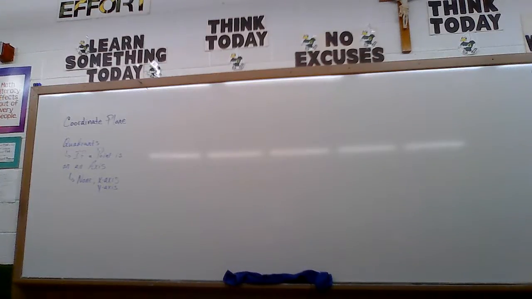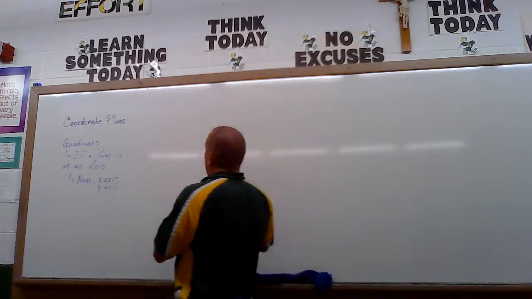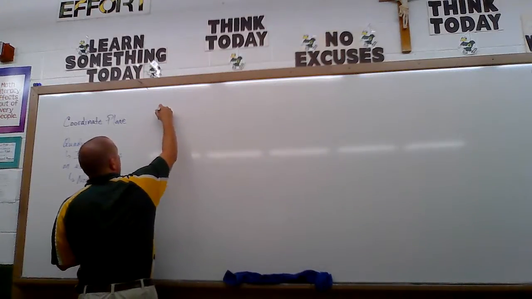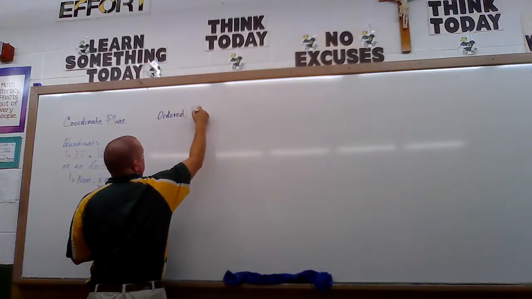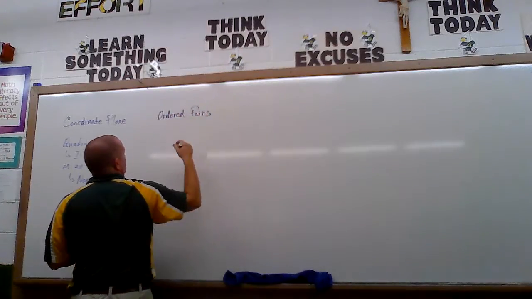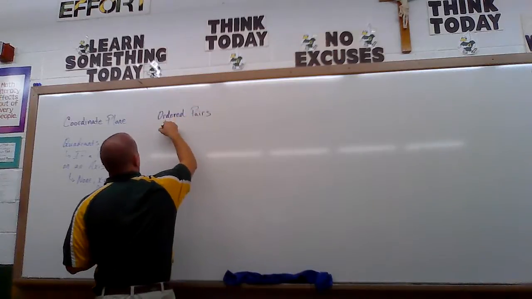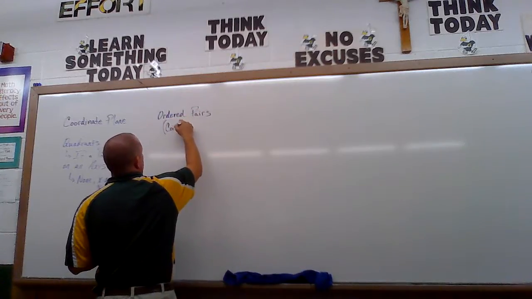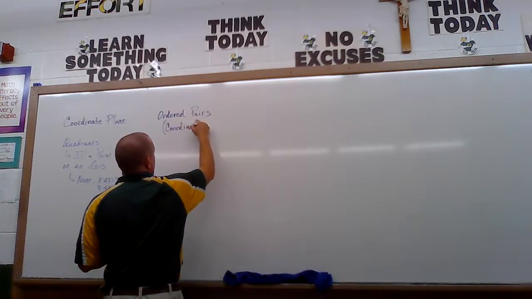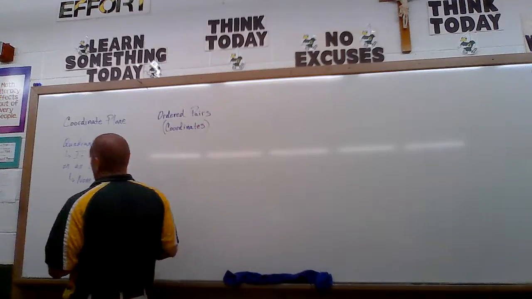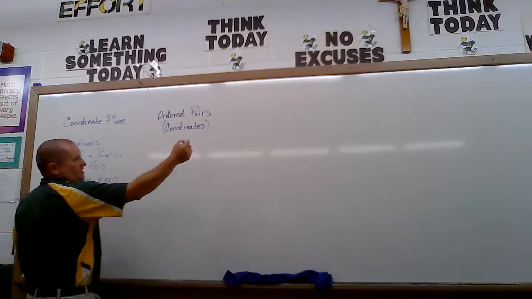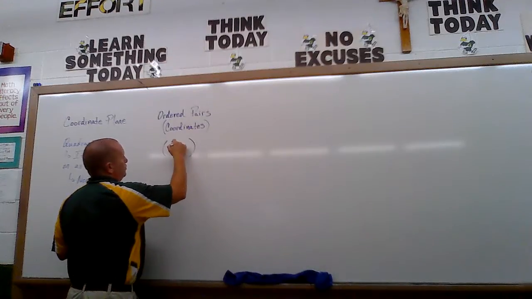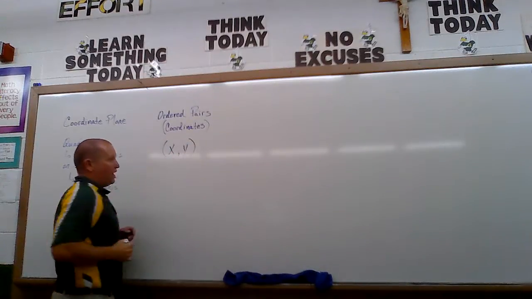So, from there then we again come back and we can talk about ordered pairs. These could also be called coordinates. So what are the coordinates of the particular point? And ordered pairs, again, as we showed over there, is always going to be an x and a y.